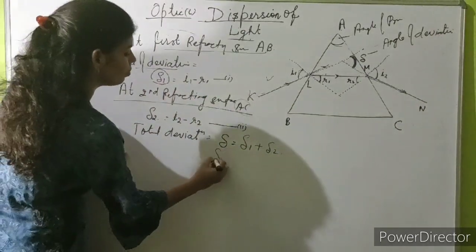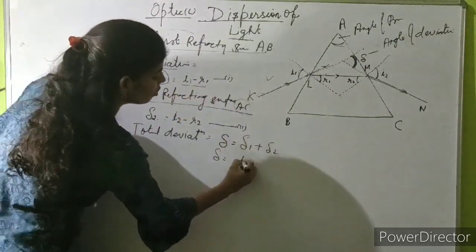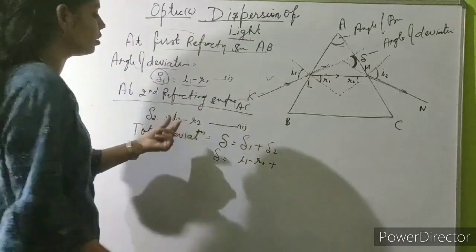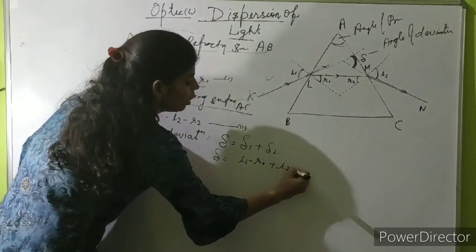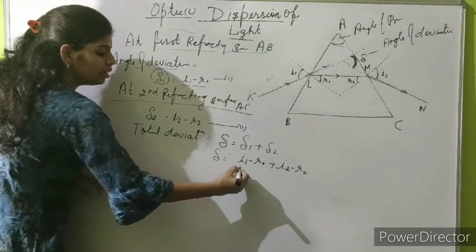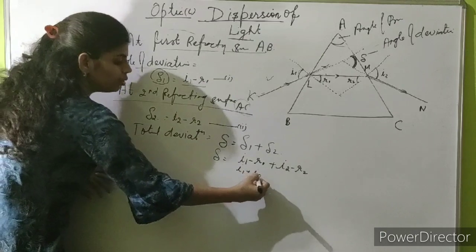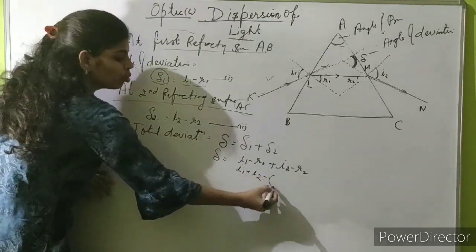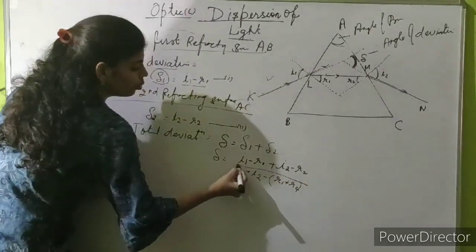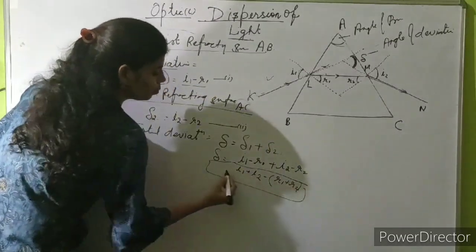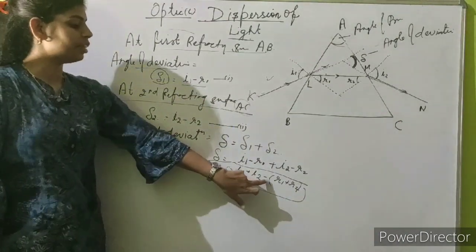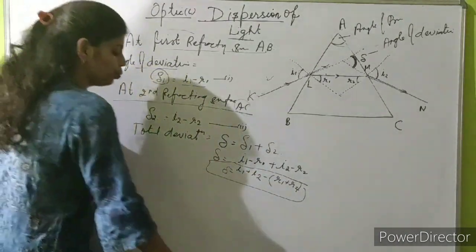Delta 1 is I1 minus R1, plus delta 2 is I2 minus R2. I1 and I2 I can write together as I1 plus I2, and I can take minus common, which becomes R1 plus R2. I hope this is clear to you. So delta is equal to I1 plus I2 minus (R1 plus R2).